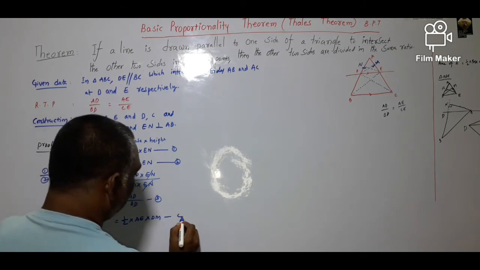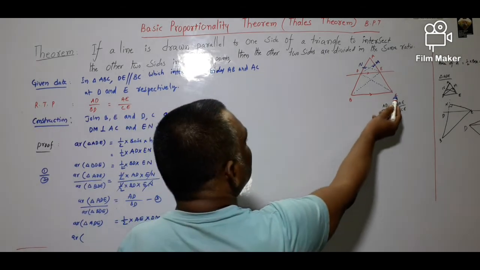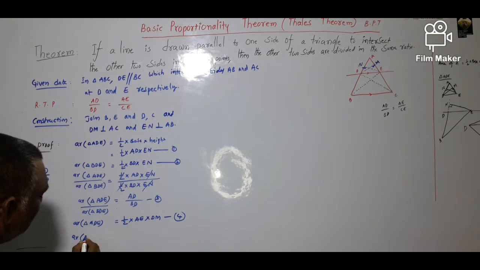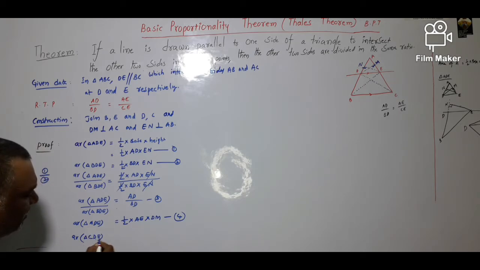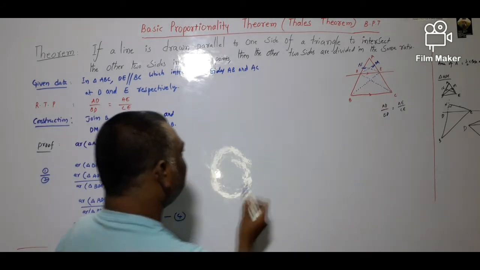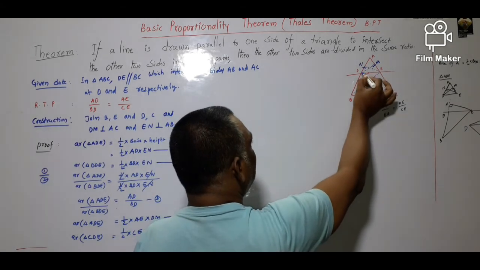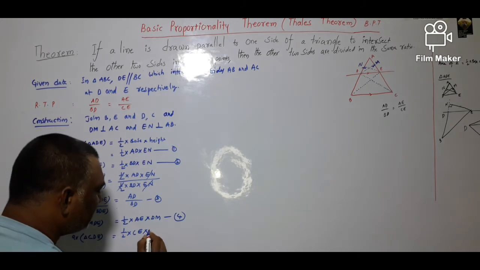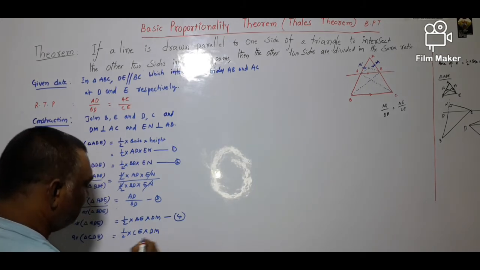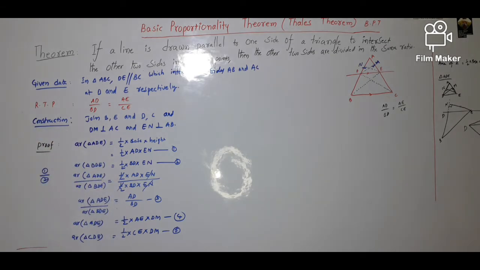This is equation number 4. Now area of triangle CDE is equal to half into base CE into perpendicular height DM. This is equation number 5.